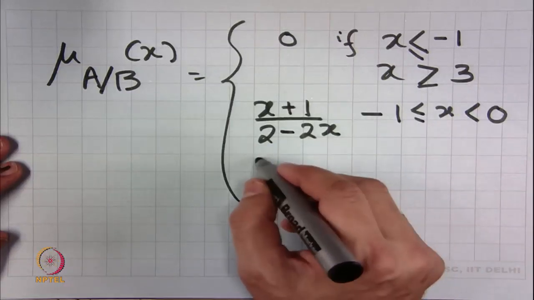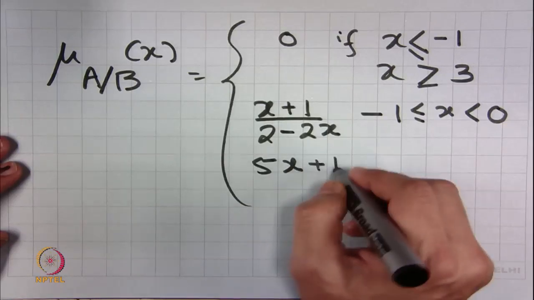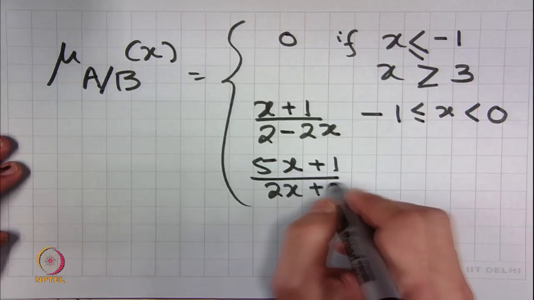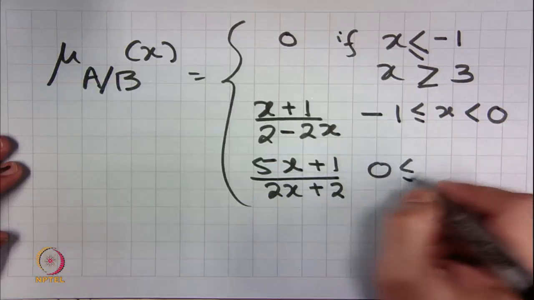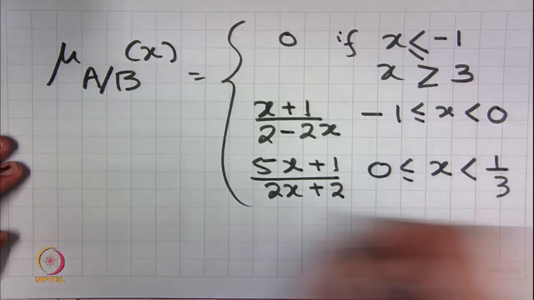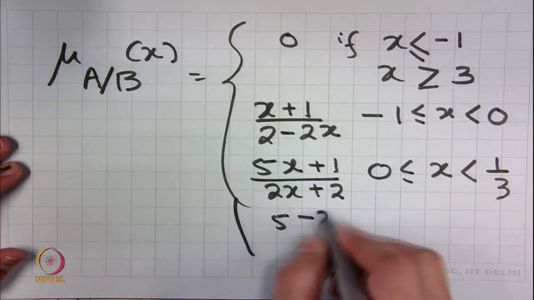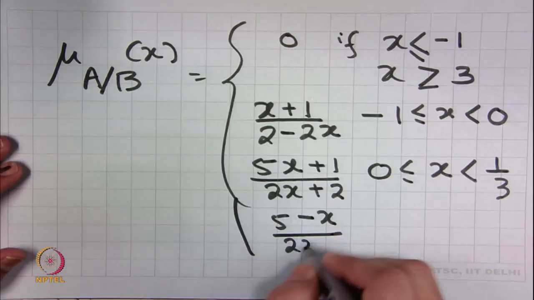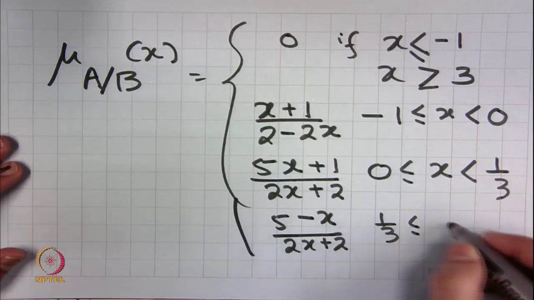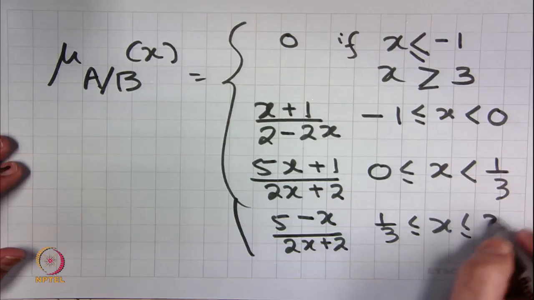This is equal to 5x plus 1 upon 2x plus 2 for 0 less than or equal to x less than 1 by 3, and this is going to be 5 minus x upon 2x plus 2 for 1 by 3 less than or equal to x less than or equal to 3.